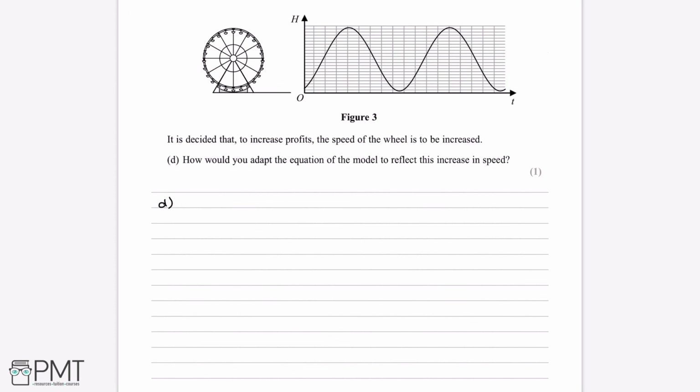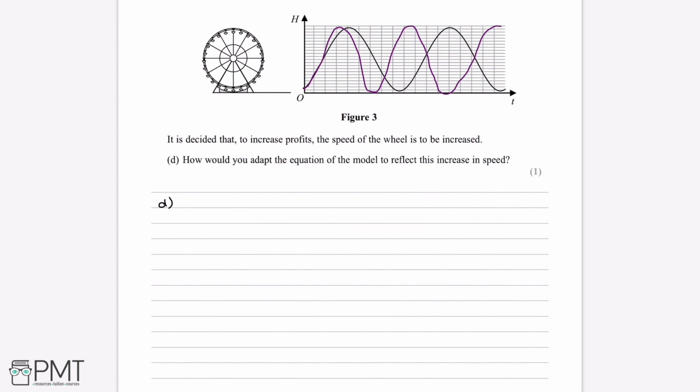And the way we would illustrate this on the graph is a horizontal compression, where the graph gets squashed. If we were to draw it, it might look a bit like this, where there are more maximums than there were before because it's been squished.